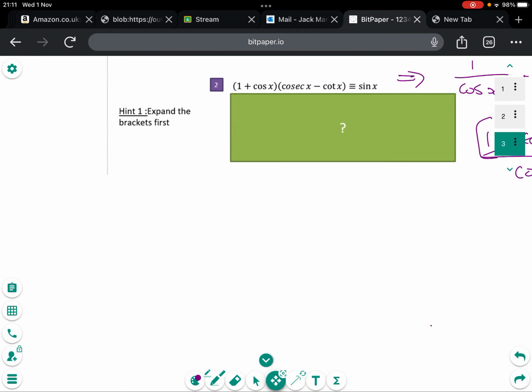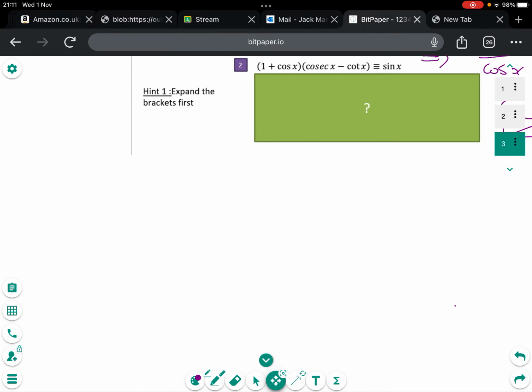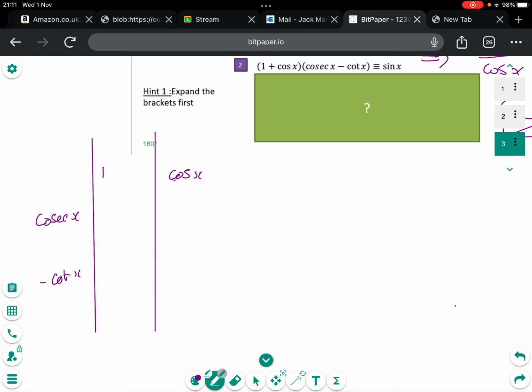Let's try the other one here underneath. So brackets typically mean expand, we said, for these questions. So I've got 1, I've got cos x, I've got cosec x, I've got minus cot x. And if I do a very basic grid for this one here, what are the different elements?